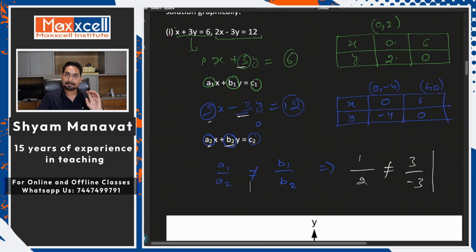Now this you need to write: when a1 upon a2 is not equal to b1 upon b2, the lines are consistent, the lines will intersect. Noted. a1 upon a2 is not equal to b1 upon b2, then the lines are consistent or the lines will intersect.